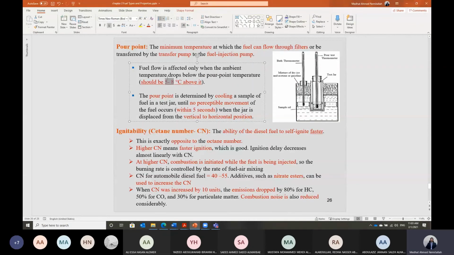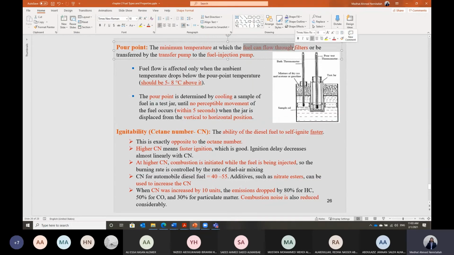If the temperature of the diesel fuel is less than the pour point, that means the fuel cannot flow through the fuel filter and it cannot be injected through the fuel injection pump. But how can we determine the pour point of a diesel fuel?